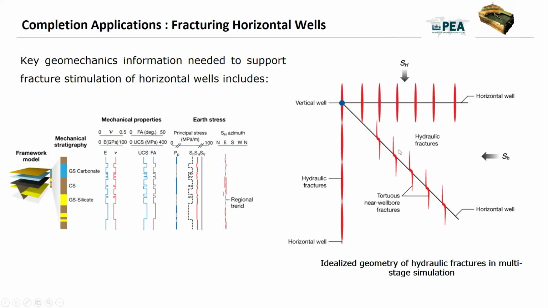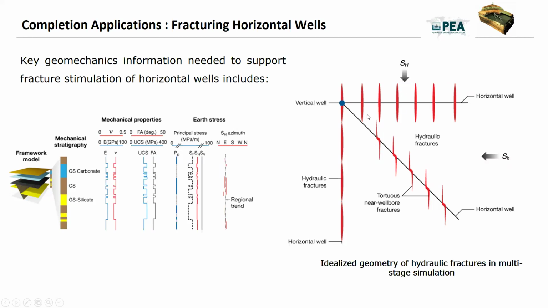So effective reservoir stimulation is achieved when the horizontal wells are drilled in the direction of the principal horizontal stress, SH min and SH max. So if you see here, we are not in SH min and not in SH max. So this is the optimum direction.